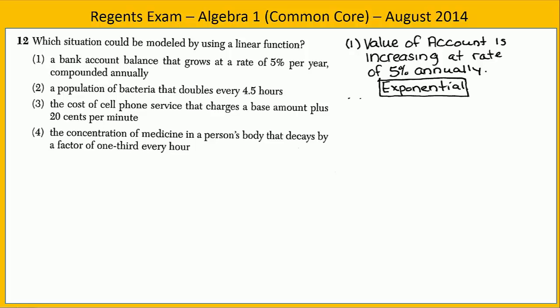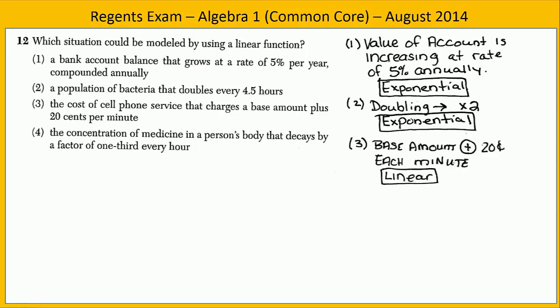So choice 1 is exponential. Option 2 talks about the population of bacteria doubling every 4.5 hours. If something doubles, we're multiplying by 2, multiplying over and over and over. When we multiply, that's exponential. And so choice 2 is represented by an exponential function.